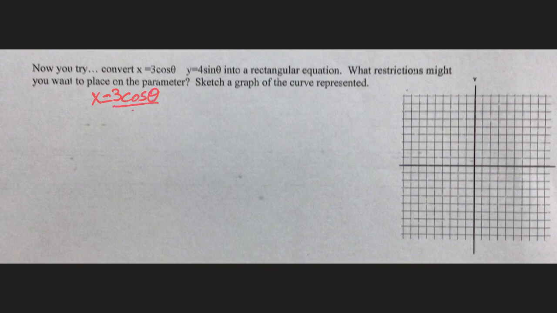We're going to divide both sides by 3. We get cosine theta equals x divided by 3. We have y equals 4 sine theta. We'll divide both sides by 4. We get sine of theta equals y divided by 4.